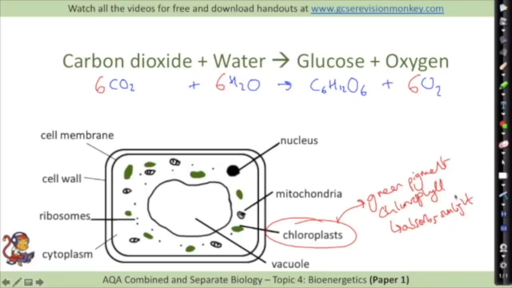So sometimes on top of these arrows you might see sunlight and chlorophyll to show that both of these things are needed for this process. But ultimately the goal of photosynthesis is to produce glucose that the plant then uses as its food. This reaction is an endothermic reaction, linking to the chemistry topic, because it takes in energy.